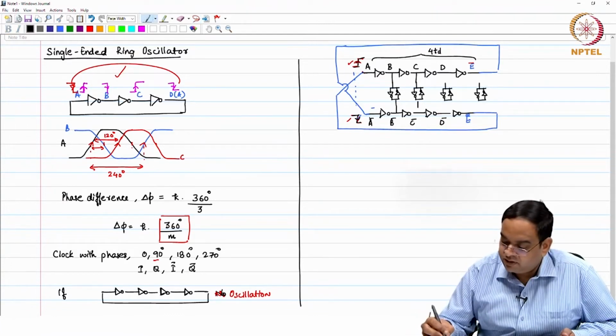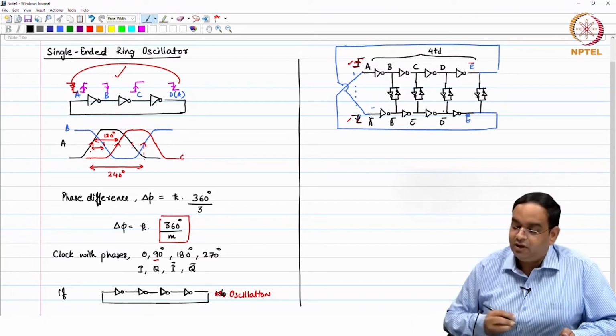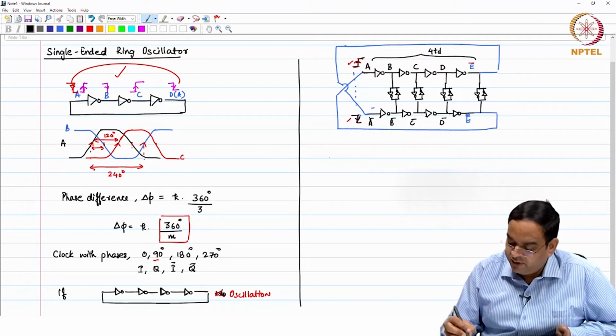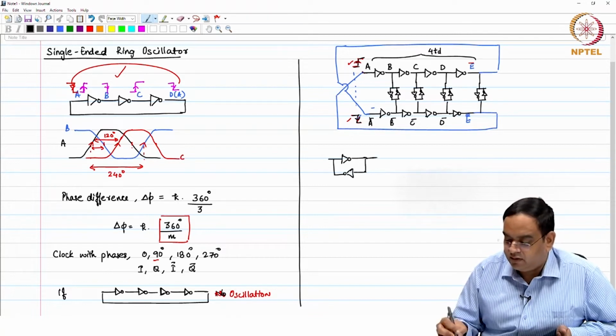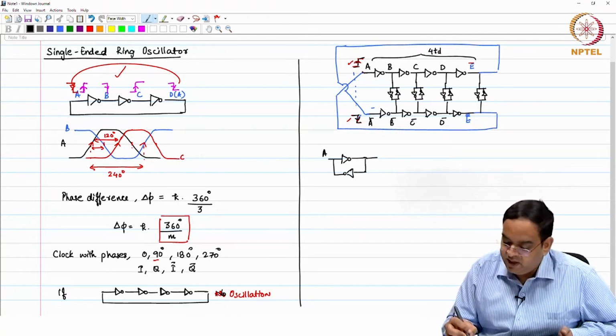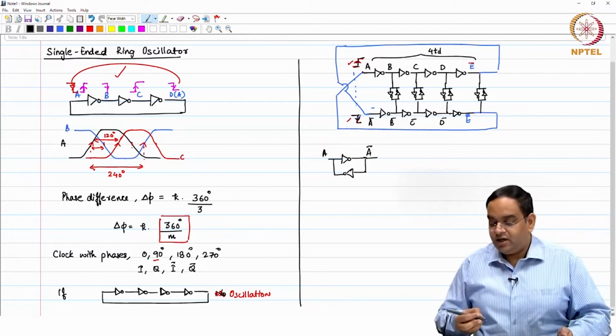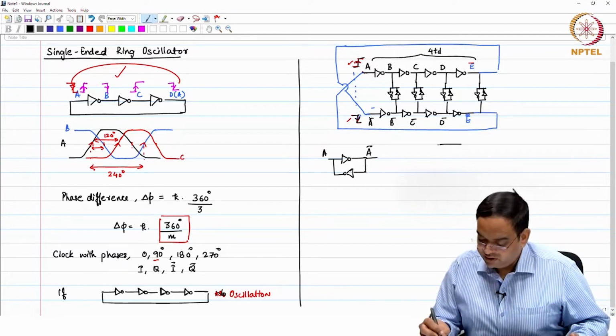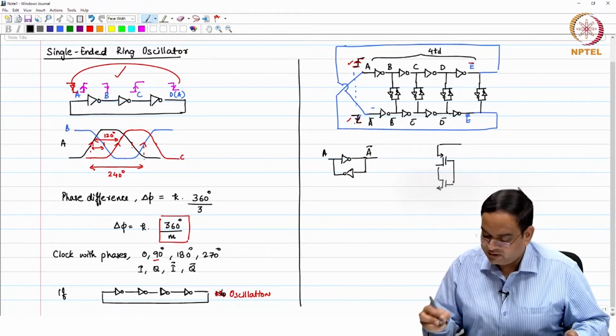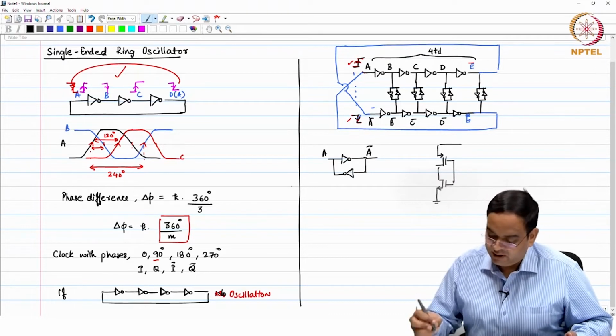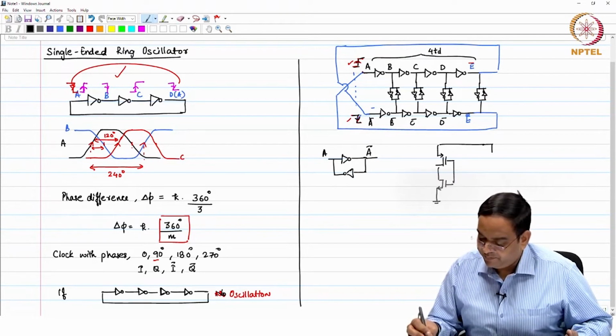So, this is connected like this. Okay. So, what is this cross coupled inverter doing? Let us just look at it. So, you have an inverter connected in this manner like this. You connect between A and A bar and B bar and so on. So, this inverter is like, you will have a supply also for this inverter, and this inverter supply is the same as other inverter supply in the circuit.